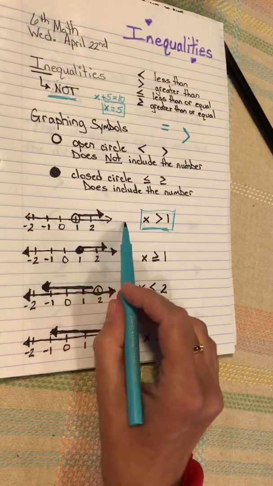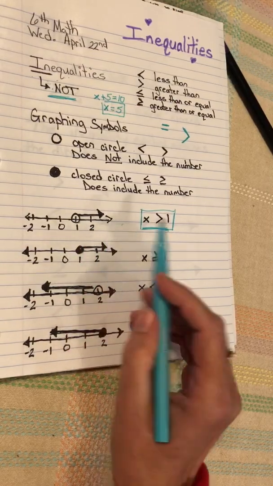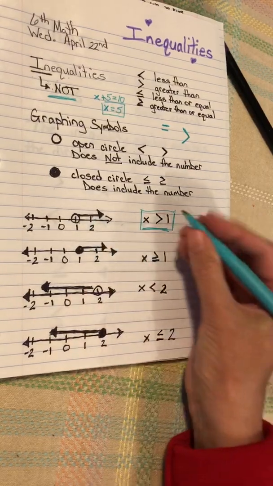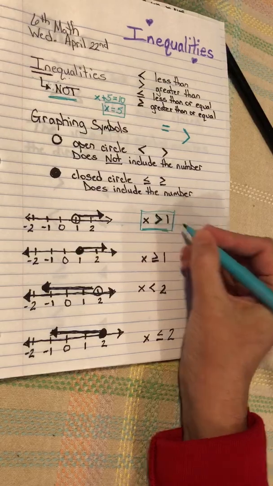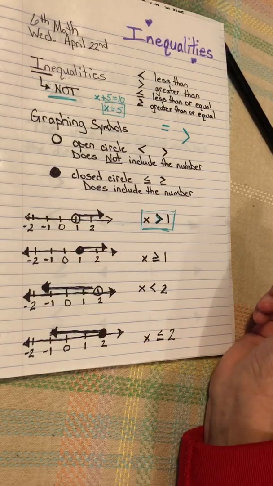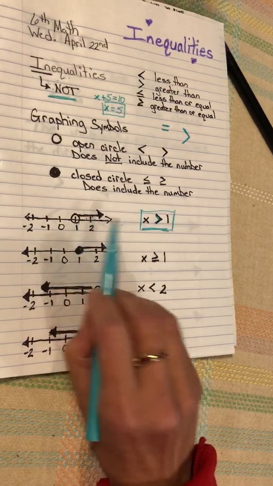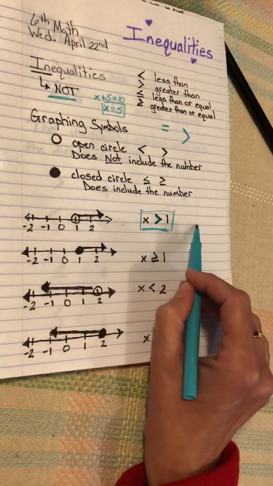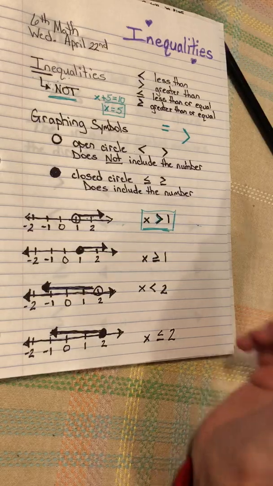Also notice that the arrow and this inequality sign are pointing in the same direction. Both are pointing right. So that should help you with your Khan Academy, and help you realize that you did it correctly.